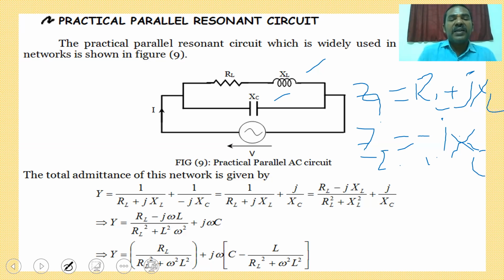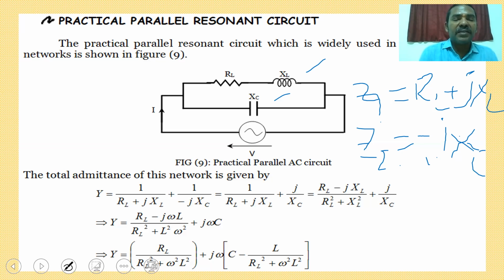Go for the rationalization: (RL minus jXL) divided by (RL square plus XL square) plus j divided by XC. Then go for segregation of real and imaginary parts: (RL minus j omega L) divided by (RL square plus omega square L square) plus j omega C. Then RL by (RL square plus omega square L square) is the real part.